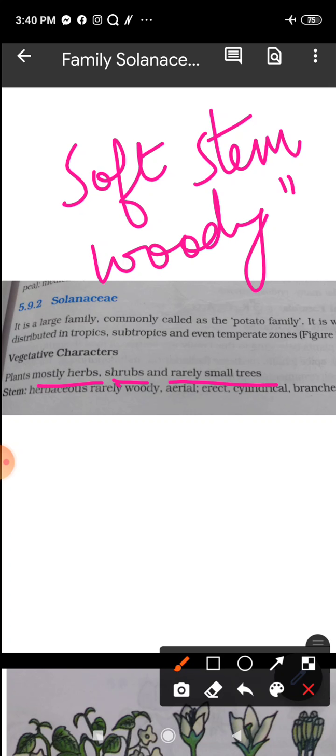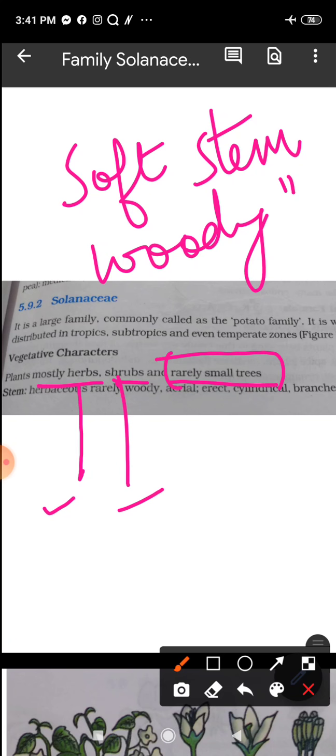Trees, everybody knows, right? The trees are taller, they have broader stem, which is known as the trunk. So rarely there are small trees, and that means we can say that mostly the family Solanaceae are either herbs or they are shrubs.